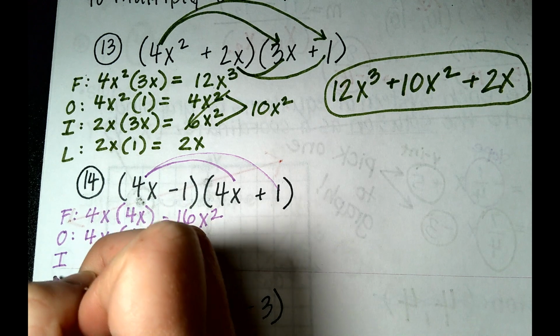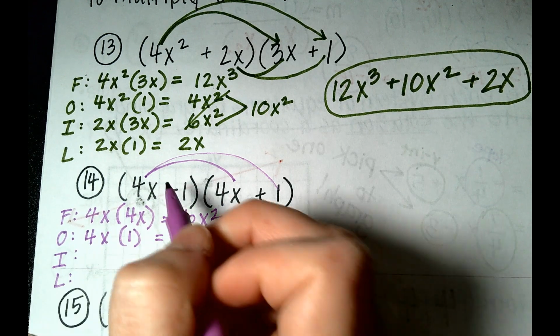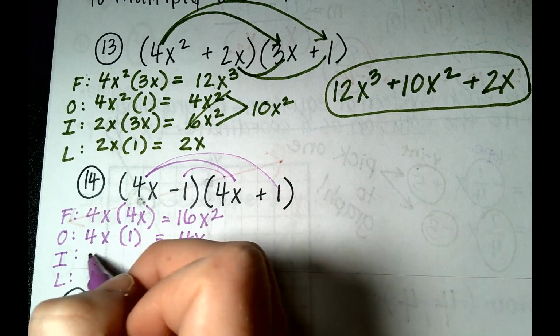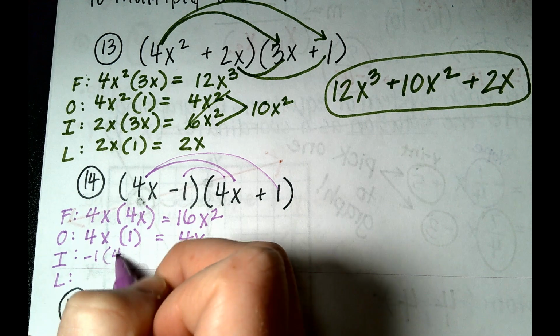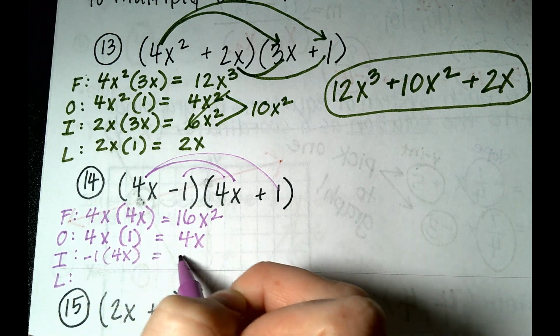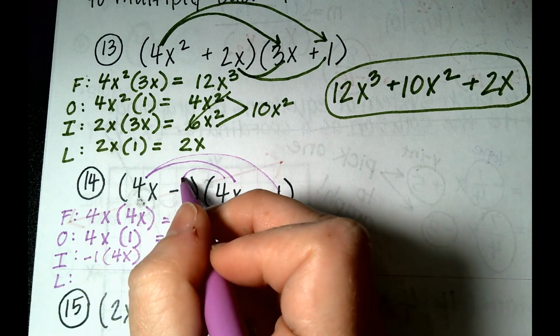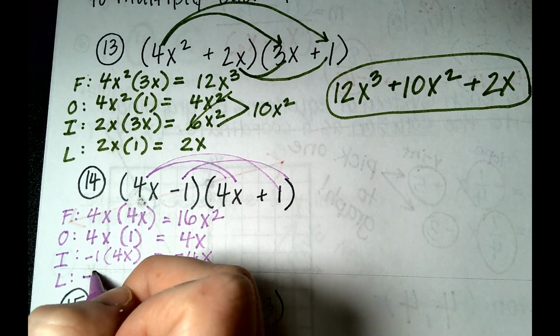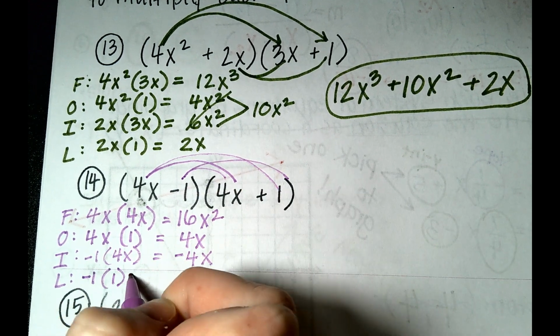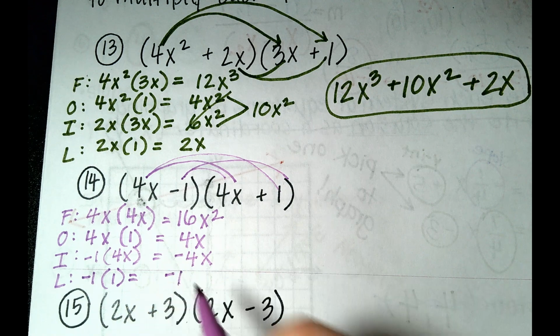Then our inner terms, negative 1 and 4x. Good, that's negative 4x. And last, good, negative 1 times 1 is negative 1.